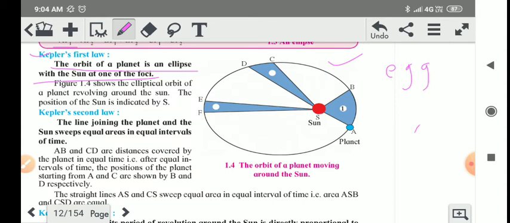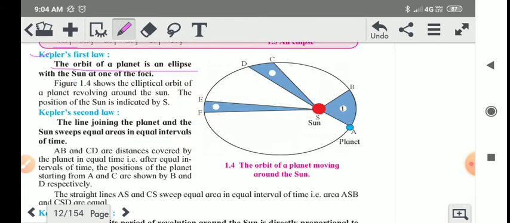You can see in the diagram the sun is at one focus, and suppose planet A is there and revolving around the sun in the ellipse shape. So this is Kepler's first law.